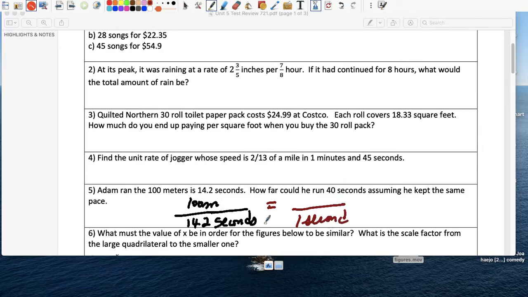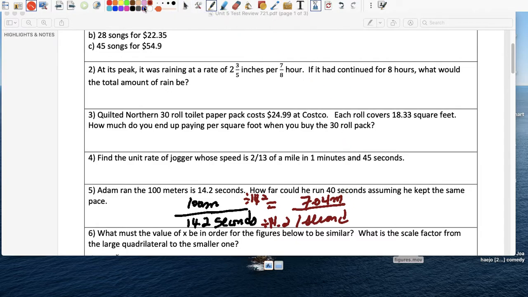Divide both top and bottom by 14.2. 100 divided by 14.2 equals, rounded, 7.04 meters per second.